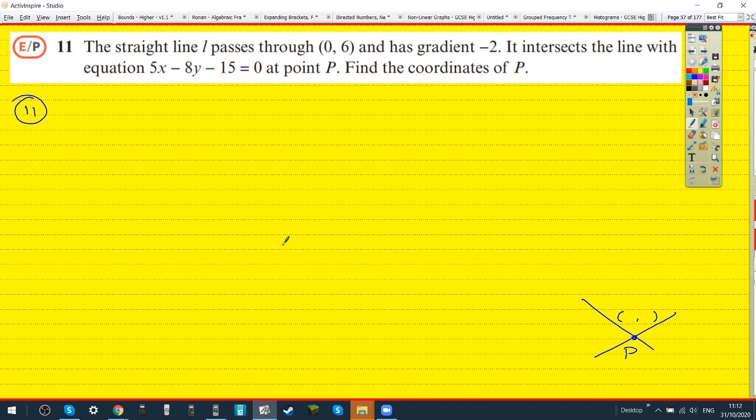So for the first part, it would be y equals minus 2x plus 6. And then would you minus y on both sides? You could. What would you do after that? You have to find where these two lines cross over.